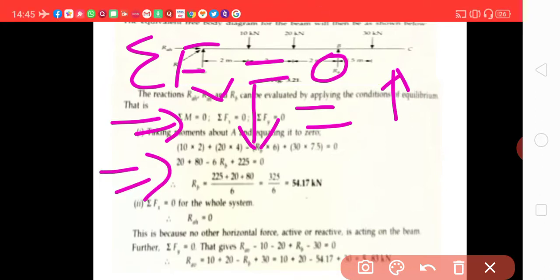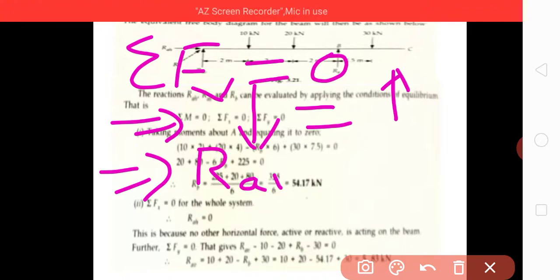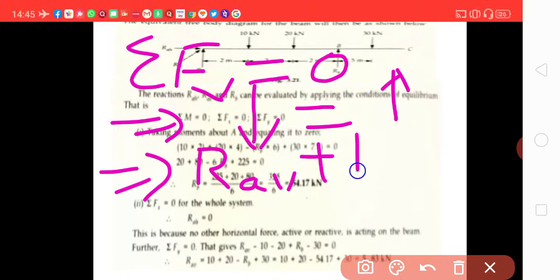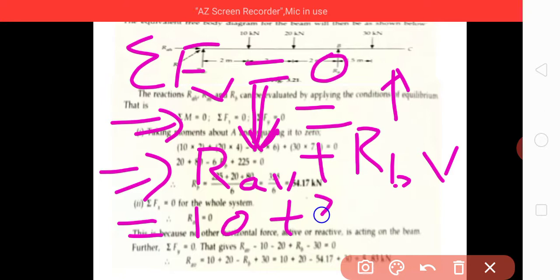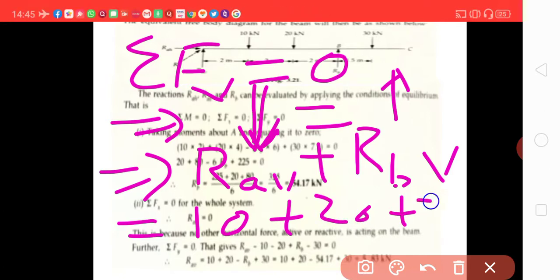Implies that RA vertical plus RB, it will be vertical only, but for your convenience I am writing vertical, equal to downward going forces, that is 10 plus 20 plus 30.